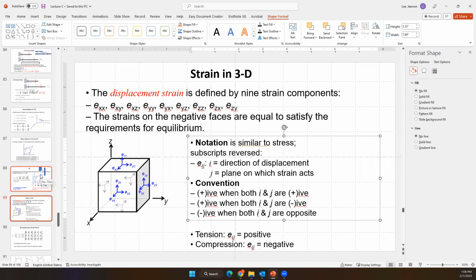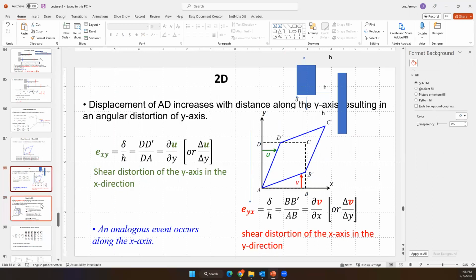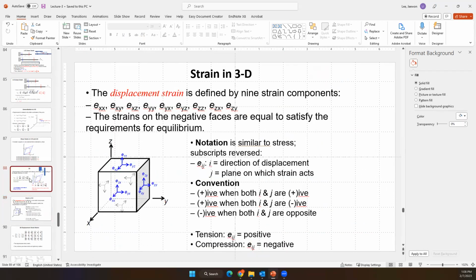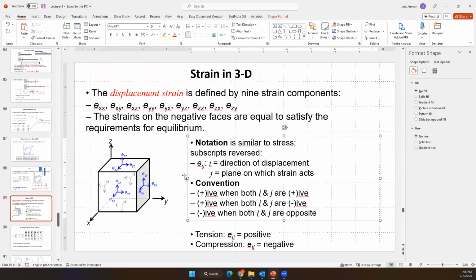I think I made a confusion when I used the force or stress directions. I would like to explain that if the force is applied in the x direction, the strain could happen in the x direction. So I used the strain term to understand more easily, but it can cause confusion.